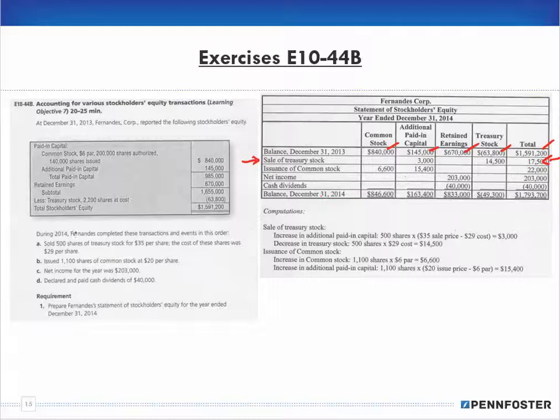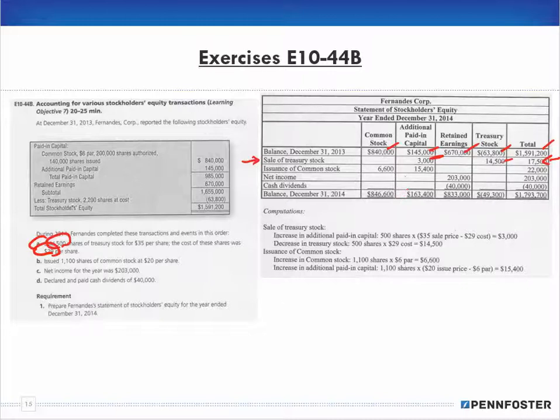The cost of these shares was $29. So 500 times 29 is $14,500. 500 shares at $29 a share is this $14,500. And of course, the difference between the two is the $3,000 of additional paid in capital.